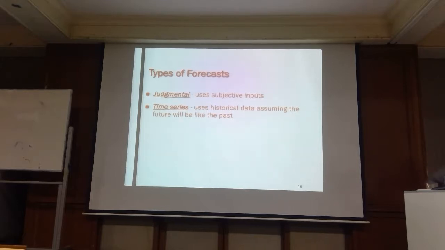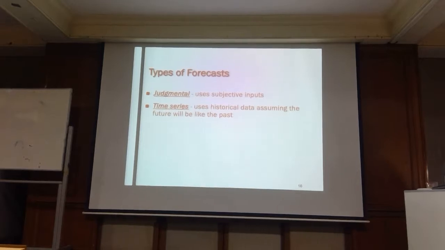So it includes two types of forecast: judgmental and time series for the quantitative. Judgmental is the forecasting where you use the opinion from the stakeholders involved.